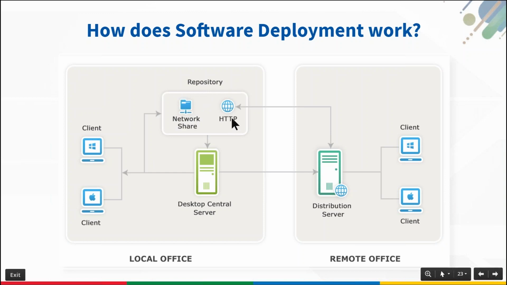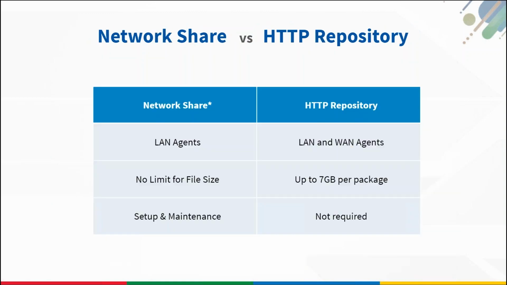One is the network share, and the other is the HTTP repository. The network share repository can be used for LAN, for distributing software binaries and patches to LAN agents, and HTTP is recommended when you're distributing software binaries to WAN agents. Let's discuss how these two repositories are different.